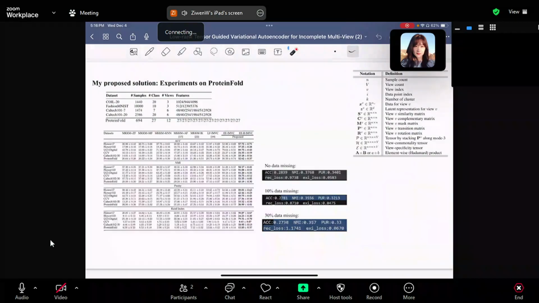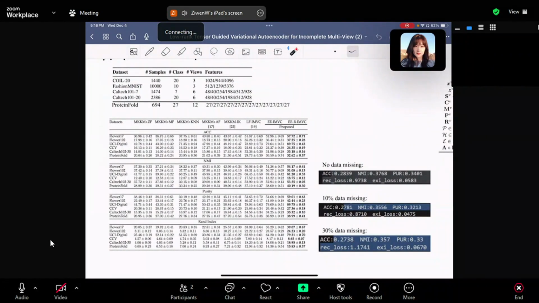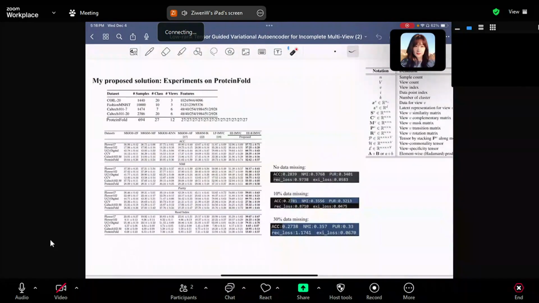Here is the result on the protein fold. The comparative methods are actually multi-kernel learning models, but as you can see, I didn't use multiple kernels in my model, and the state-of-the-art results on this are these two.